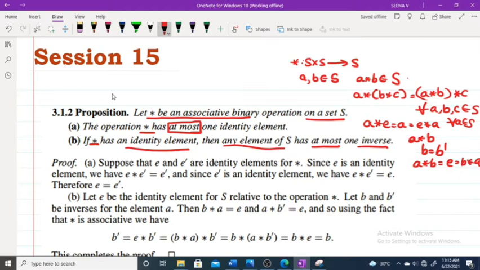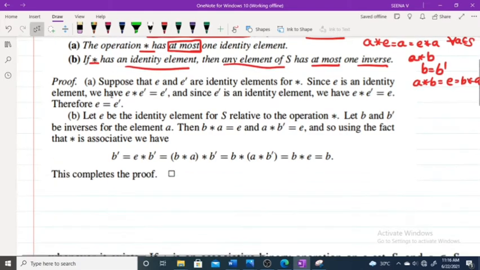So we are considering the first case. That is, we have to prove the identity element is unique. For this, suppose there exist two identity elements e and e dash.